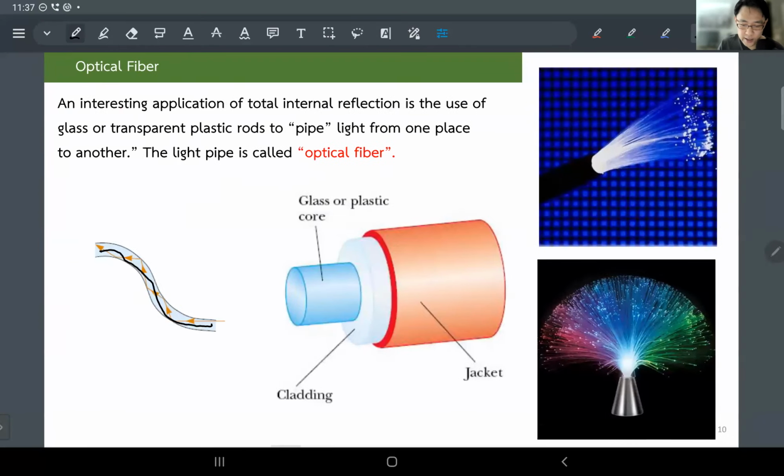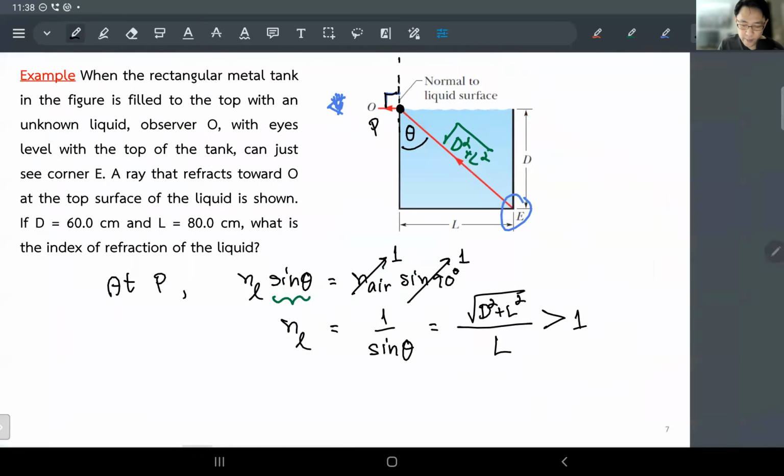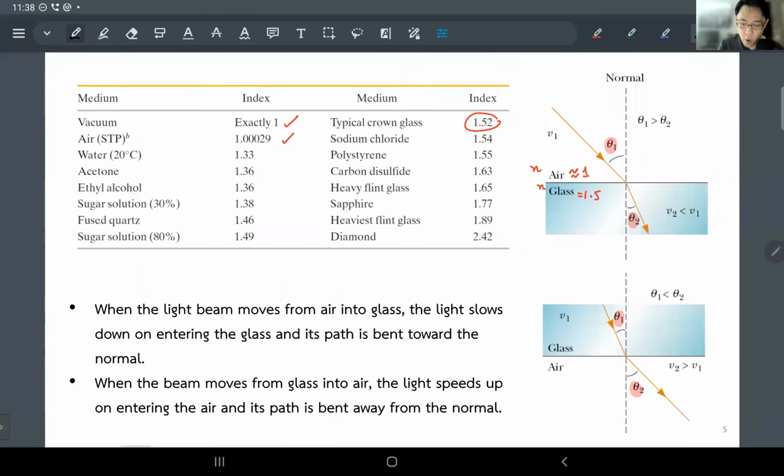If you go back, look at the table over here. But whoa, diamond has a huge value of N. That makes sense because diamond is so dense. It's one of the highest density materials, not in the universe, but at least on Earth, I guess. So light will have a very hard time trying to penetrate through diamond.